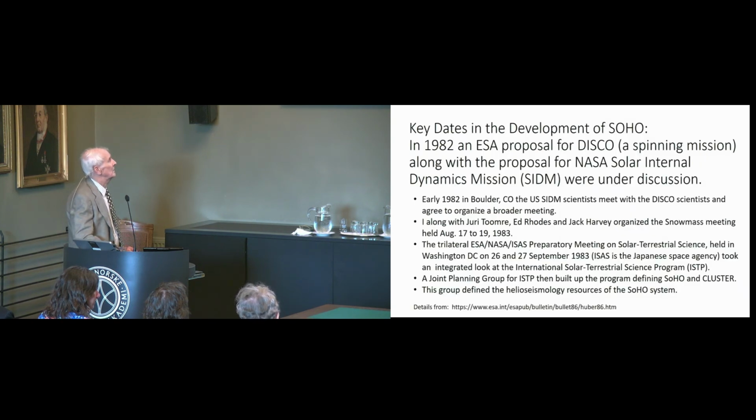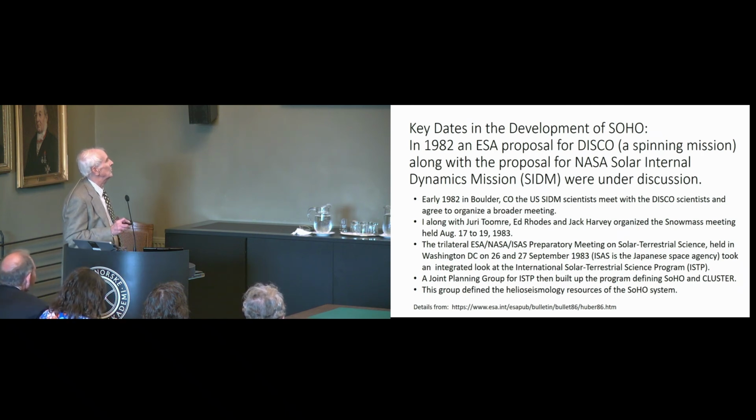So this got me engaged with the community. My feeling was that we needed to improve on those diagnostic diagram observations. And so in the early 80s, we generated a meeting in Boulder, Colorado with a bunch of people who were doing solar physics there.